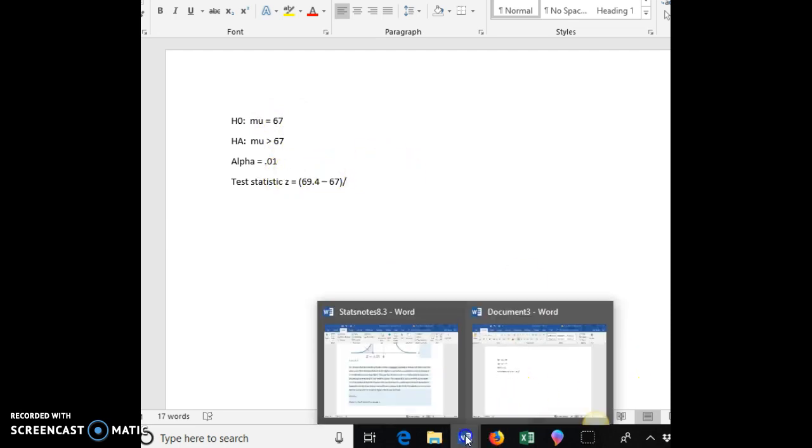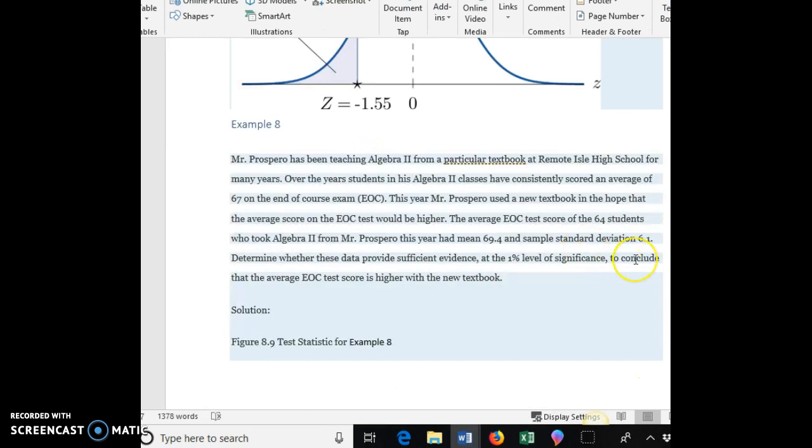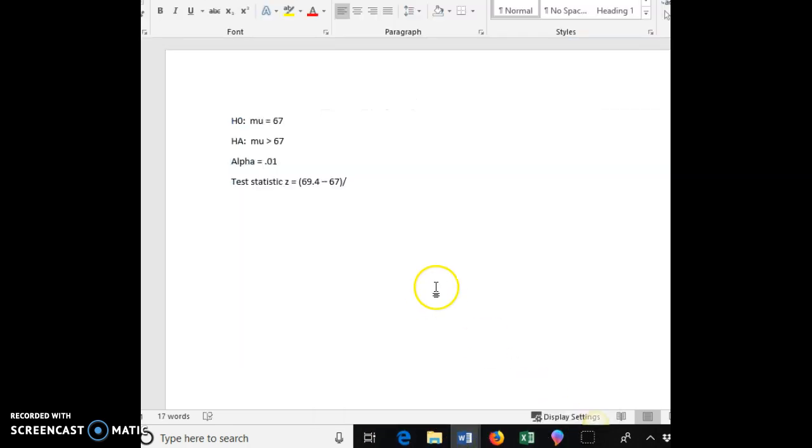So our sample standard deviation divided by the square root of the sample size. Our sample standard deviation is 6.1. Our sample size is 64. So 6.1 divided by the square root of 64.